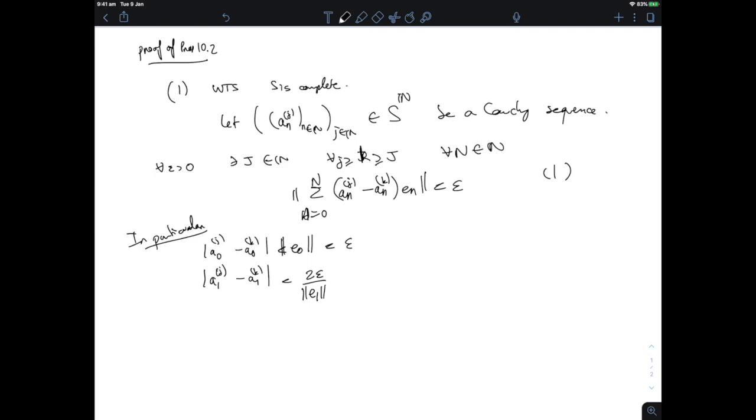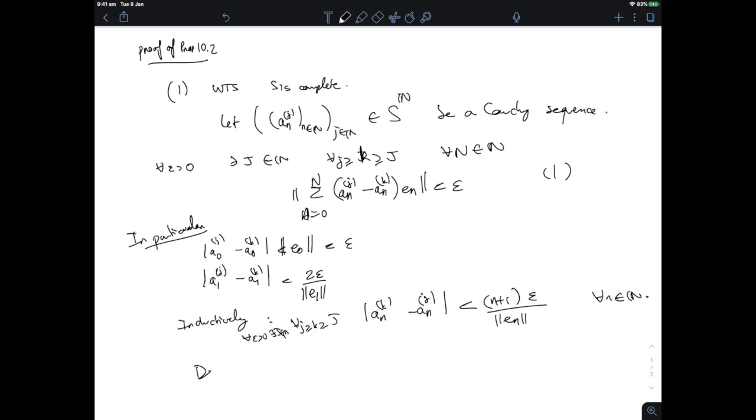Now you can do that inductively, and you get that |a_n^k minus a_n^j| is always smaller than (n plus 1) times epsilon divided by the norm of e_n. That's for every n in N, just applying the condition 1 again and again, and really using the fact that it's uniform in capital N. And that's for all j greater than k greater than capital J, for every epsilon there exists a J. So that's what we get from the condition 1.